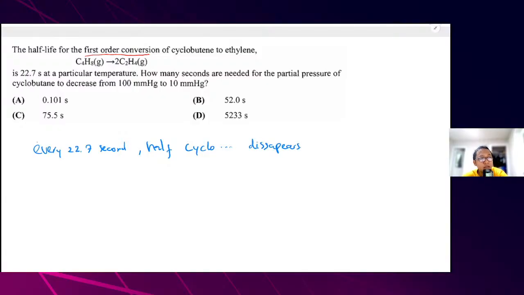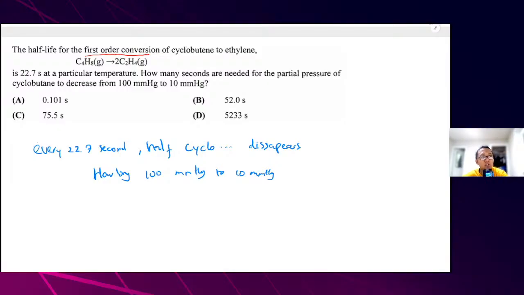Okay, now the question is how long will it take for the pressure to drop from 100 mmHg to 10 mmHg? So now let's first understand the meaning of first order.